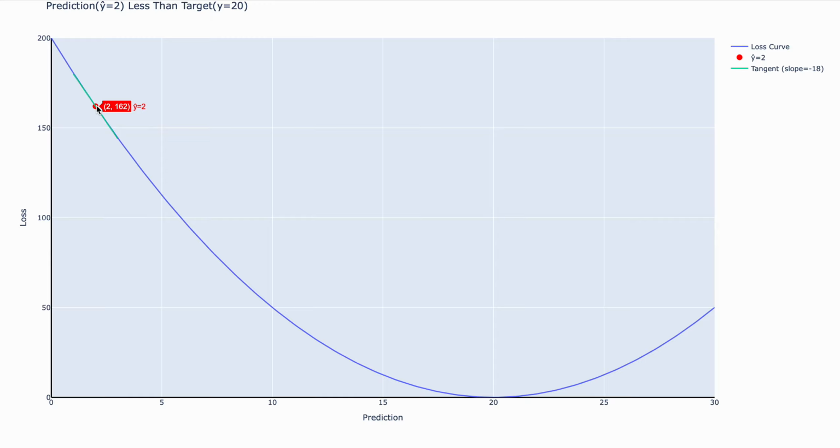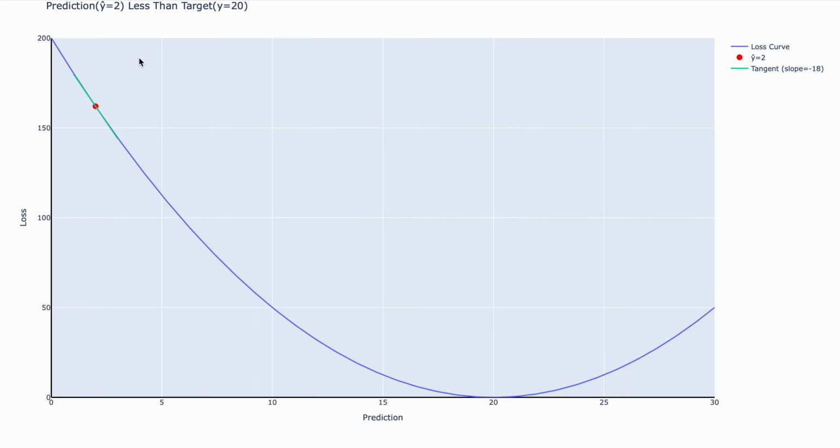So increasing your prediction by 2 is going to decrease the loss by 36. This is pretty amazing, and this helps our neural network get an idea as to how it should update the weights. Because right now, we know that our prediction y hat equals 2 is pretty crappy, because we're really far from the optimal value.